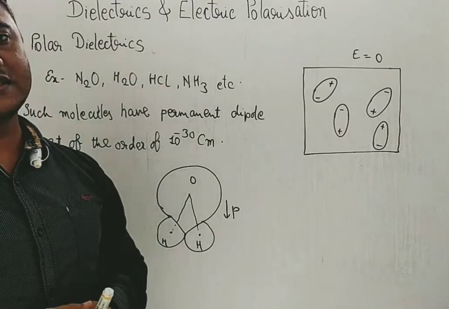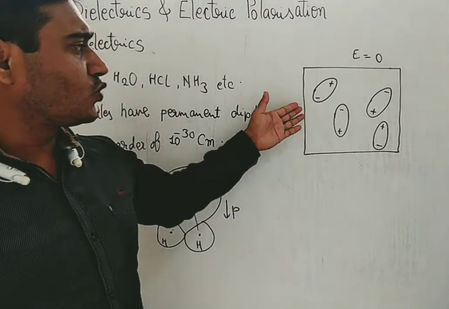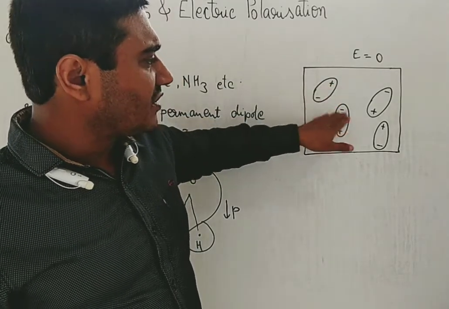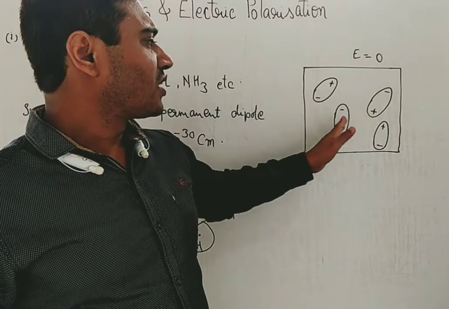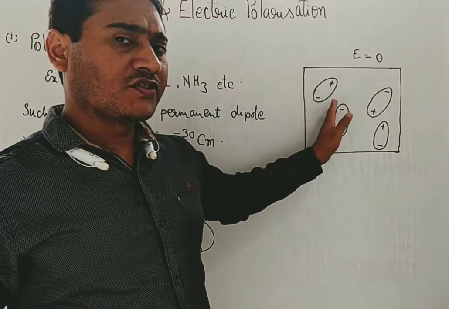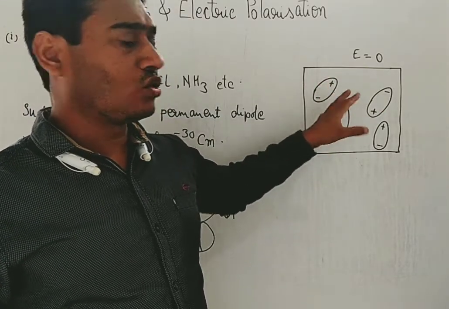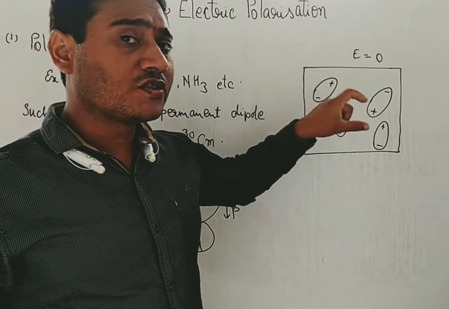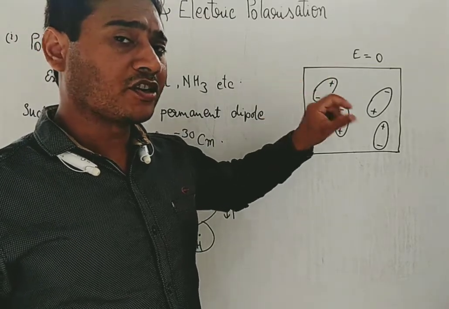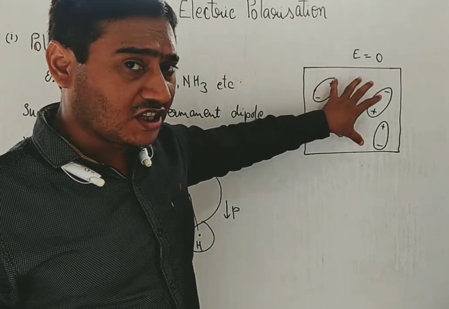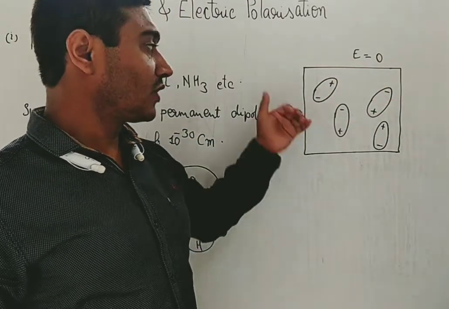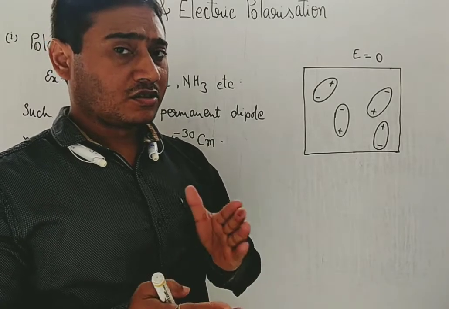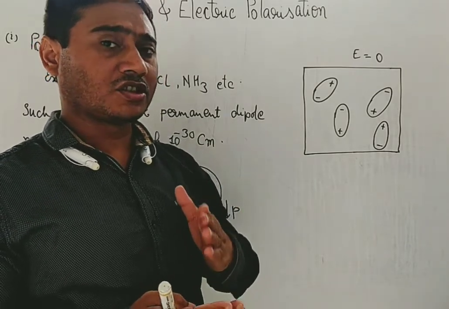That external electric field tries to rotate and align these randomly ordered electric dipole moments of every molecule of that specimen, so that there is a non-zero dipole moment of the slab or the material itself. Now this alignment is not complete due to the thermal vibration, thermal agitation.